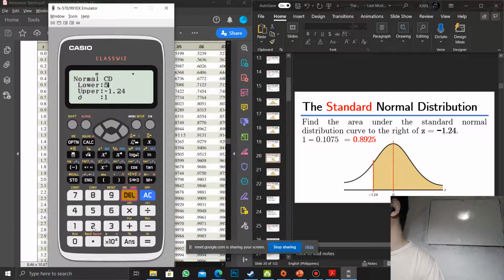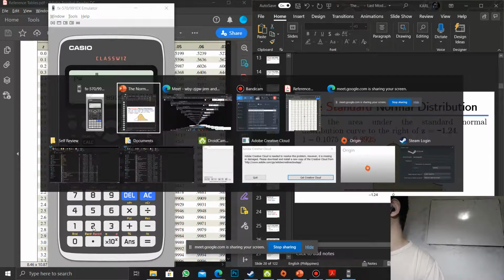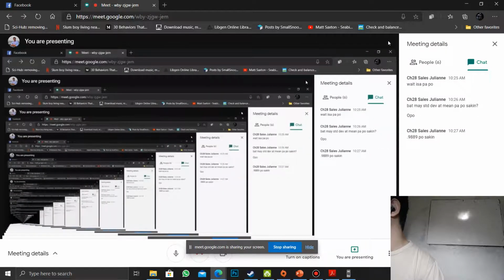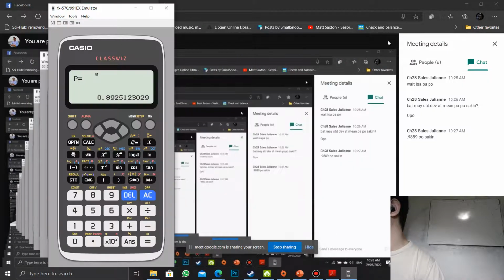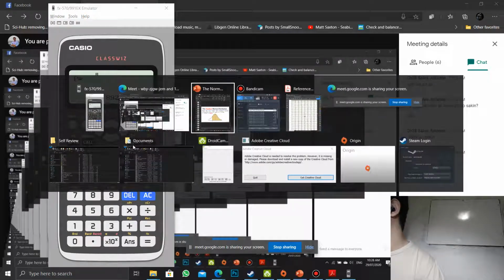Isa pa. Negative 1.24 lower, super high na positive number, upper limit. Standard deviation 1, mu 0. Isa pa nga, I want to make sure na nakukuha niya to. Try mo ulit. But ito 0.8925. Okay na.